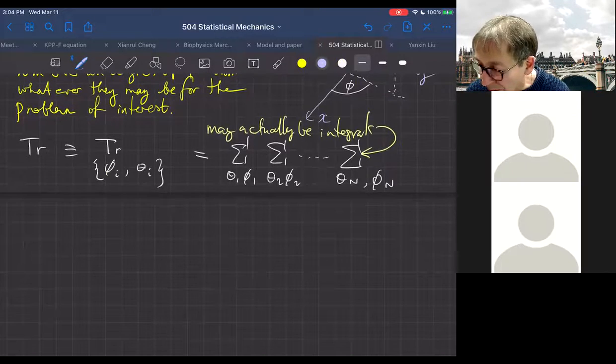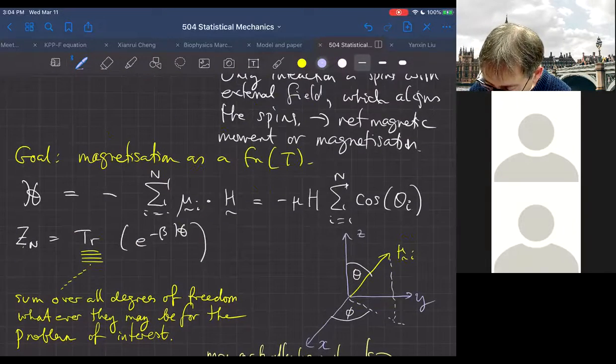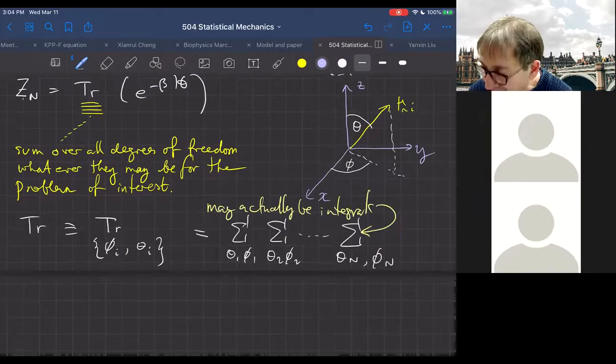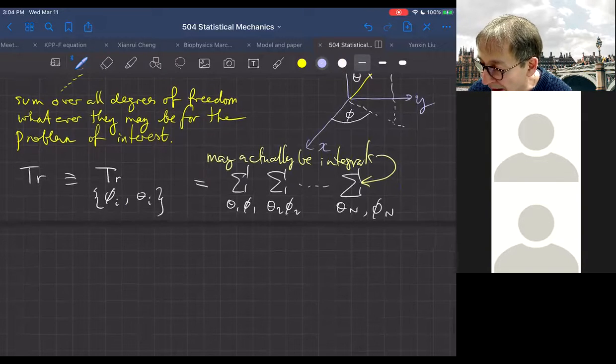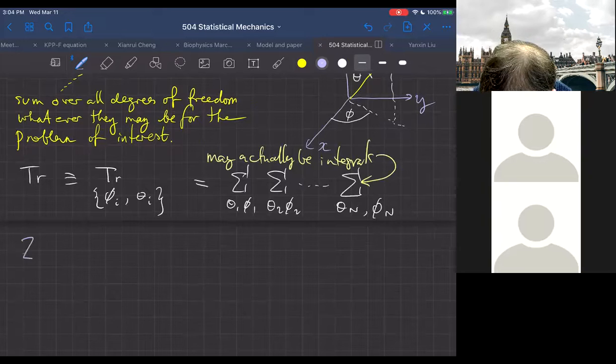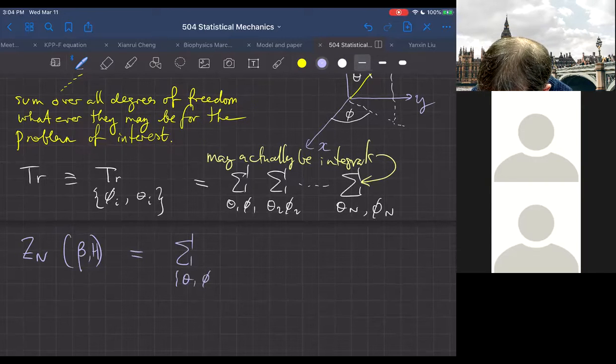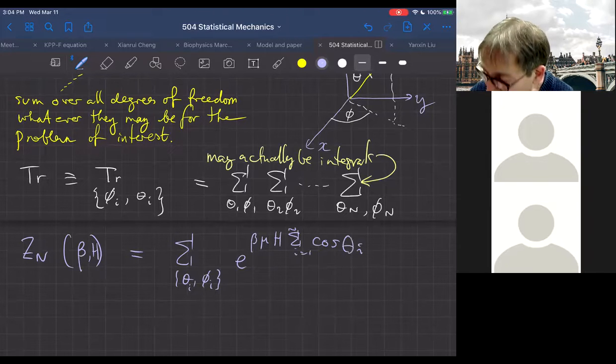So now we can see that the Hamiltonian is just the sum of terms. The trace is a product of these terms over here. So what that means is I can write down that the partition function is going to be a function of beta. It's going to depend on the external magnetic field H. And so this is going to be the sum of theta and phi for all the particles. And then e to the beta mu h, and the sum over I equals 1 to n cosine theta I, like that.